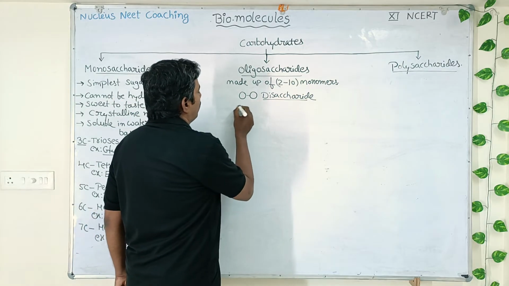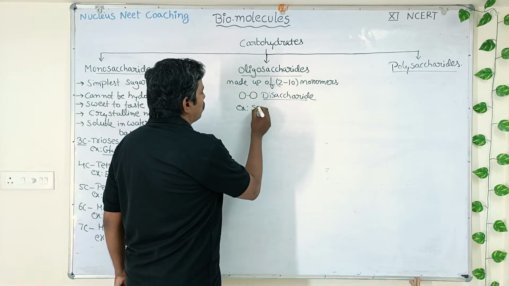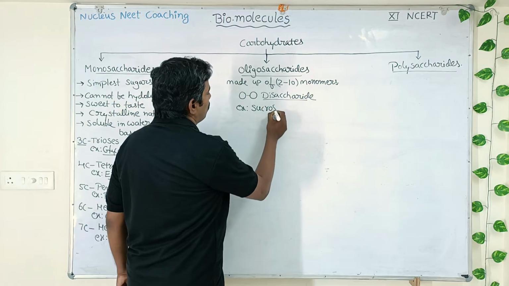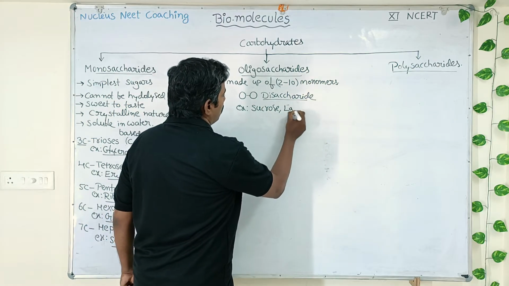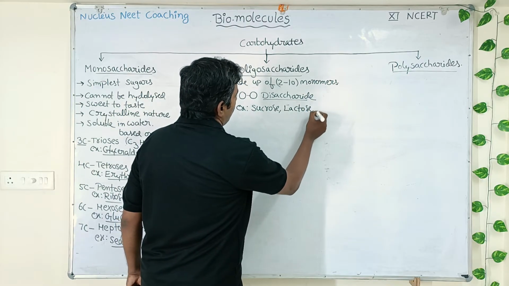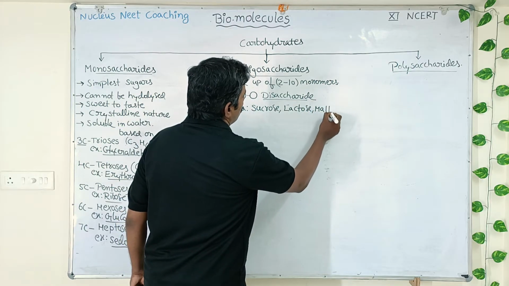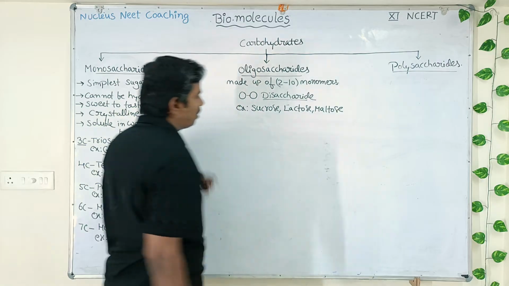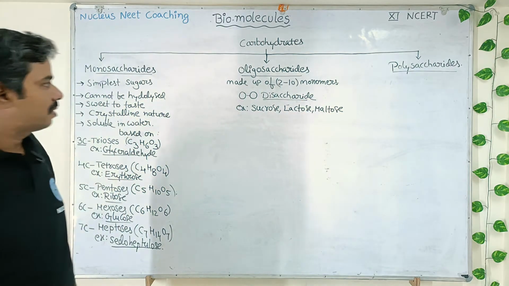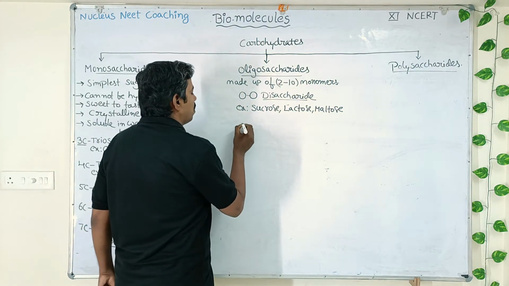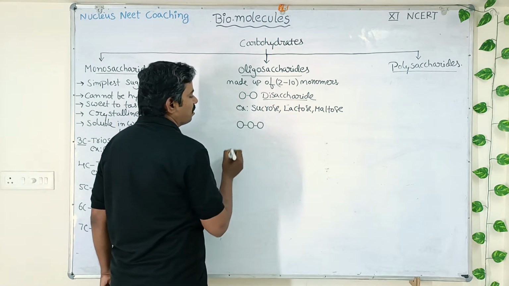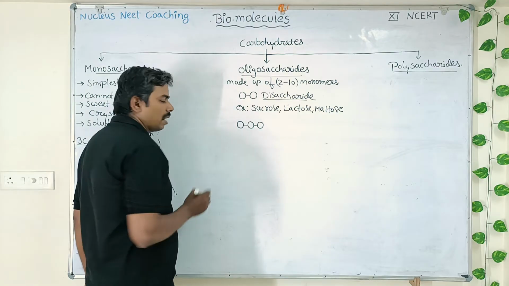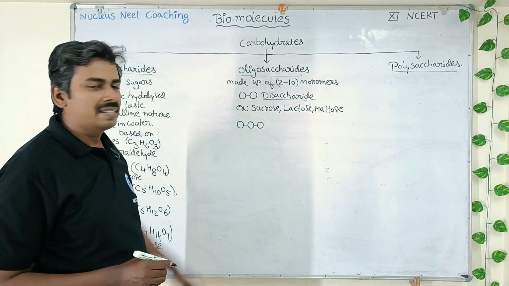Examples of disaccharides are sucrose, which is cane sugar, lactose, which is milk sugar, and maltose, which is malt sugar. Now oligosaccharides made up of three monomers or monosaccharides, held to each other by two glycosidic bonds, we call trisaccharides.